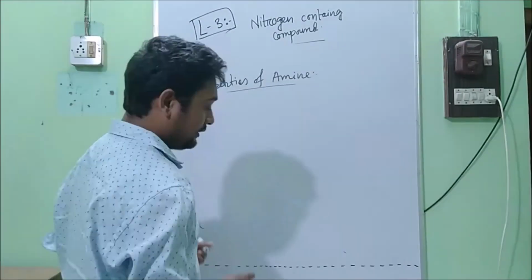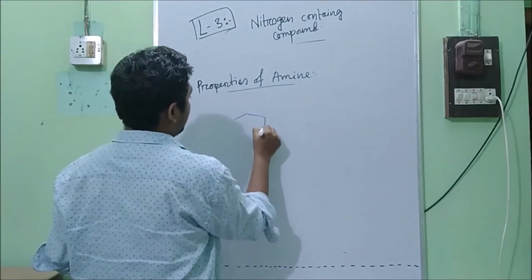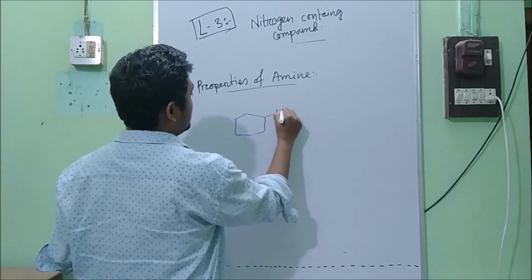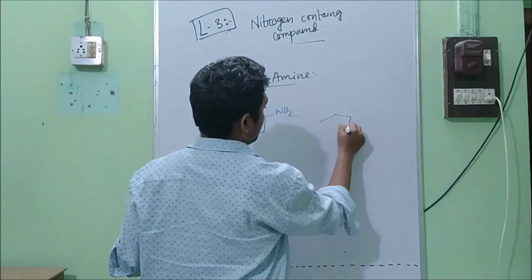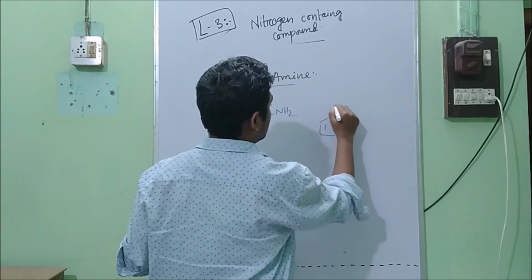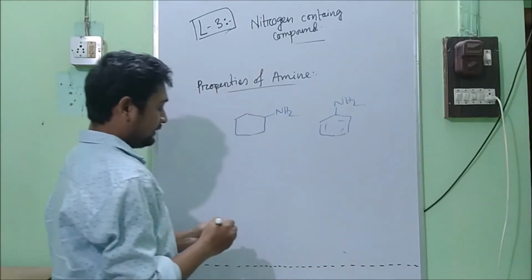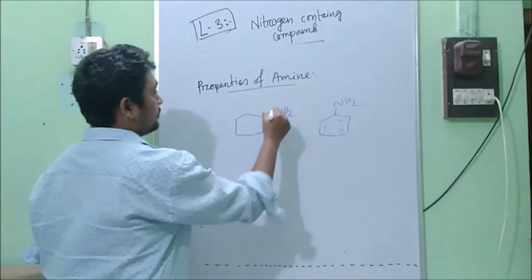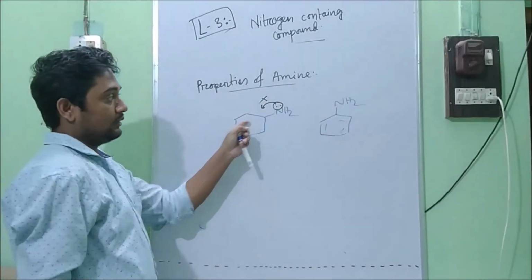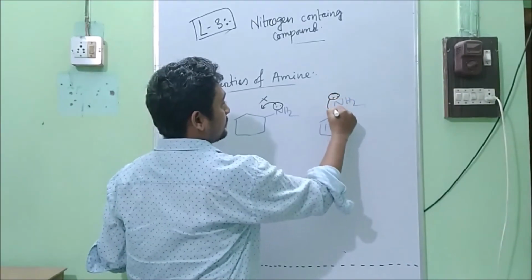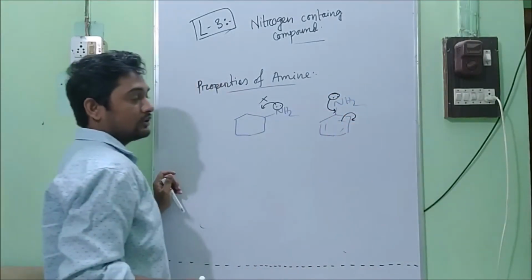Now next example, if you have this cyclohexane ring and this benzene ring. Now here the lone pair will not participate in any kind of resonance because there is no such pi bond, but the lone pair of this nitrogen atom will participate in resonance.